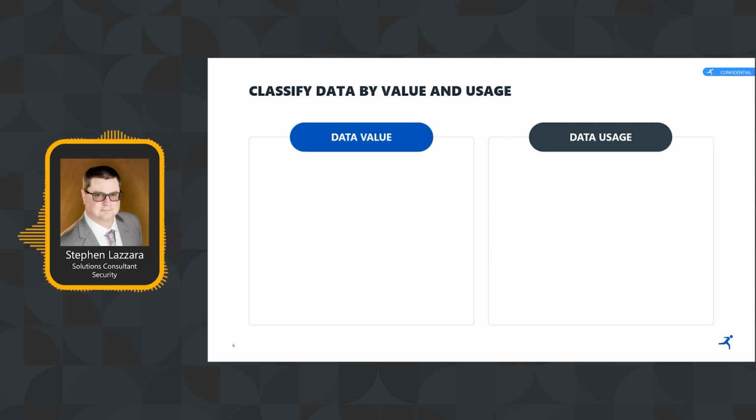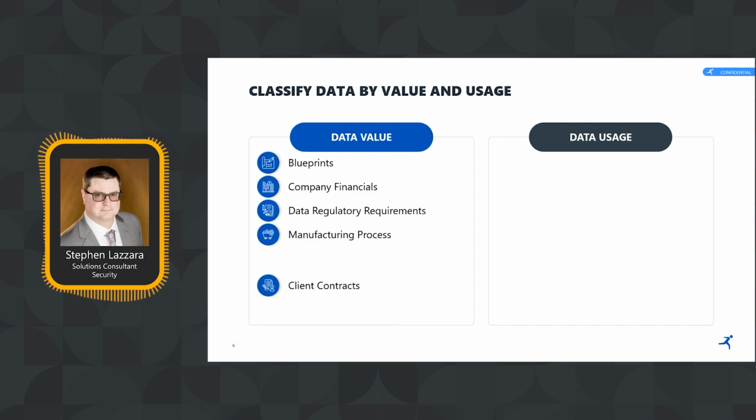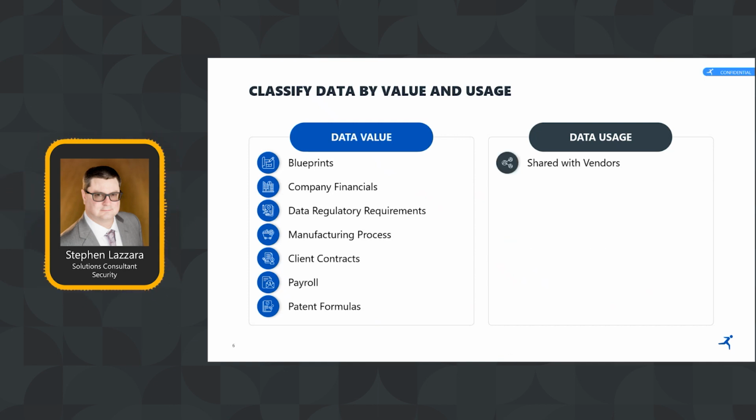And then also how data is used. Examples of high-value data are blueprints and company financials. If these are breached, if someone got a hold of them, they could cause damage to the company fiscally or otherwise. And then how they are used.